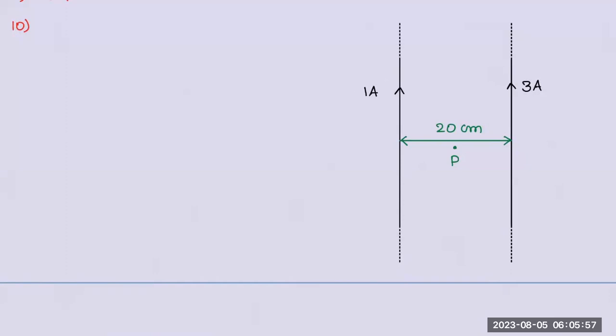Now the magnetic field due to 1 ampere will be B1 is equal to mu naught I by 2 pi r. Let us calculate B1. B1 is equal to 2 into 10 power minus 7, I is 1 ampere, and the distance is 10 centimeter, because it is the midpoint. So 10 into 10 power minus 2 is 10 power minus 1.